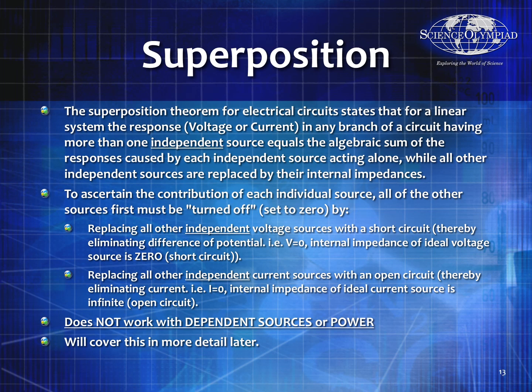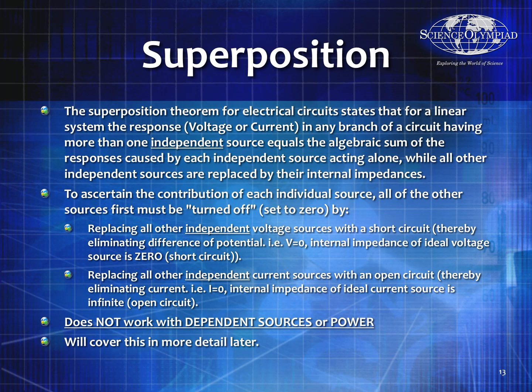What it means is that you can just solve the problem multiple times with just one of those independent voltage sources or independent current sources, and then you take out the other ones. The independent voltage sources you replace with a short circuit, and all the current sources you replace with an open circuit.